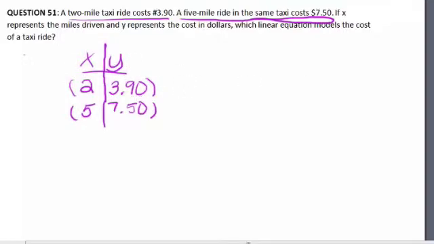Now you'll remember from earlier this year that linear equations usually look like this. Y equals mx plus b, where the y and the x kind of represent points on a coordinate grid, the x values and the y values. M stands for slope, and b stands for the y-intercept, or where that line crosses the y-axis. So we have only 2 sets of points.